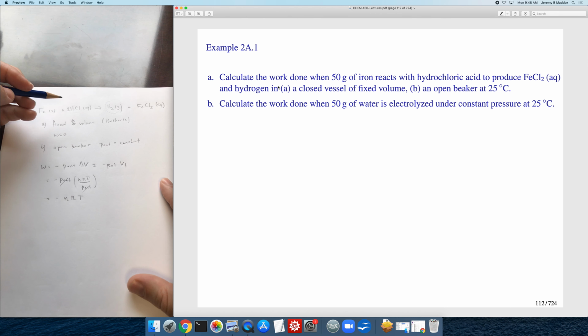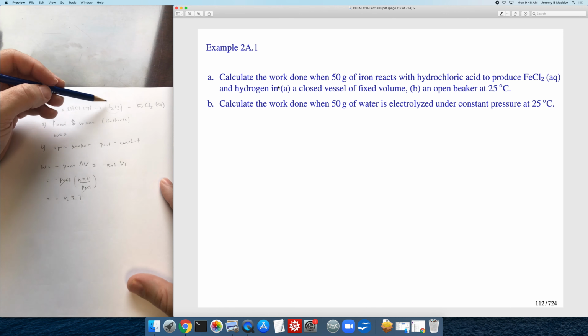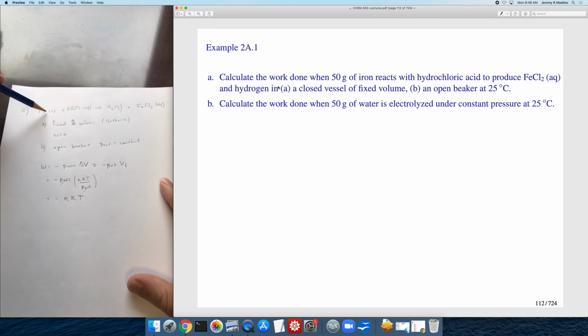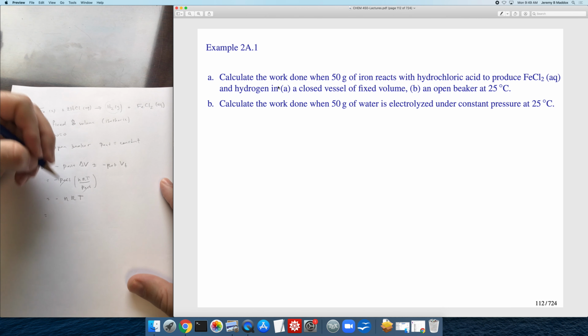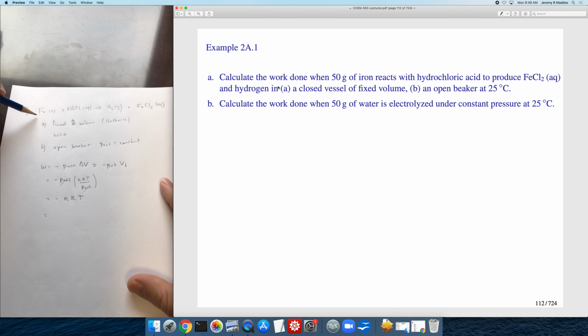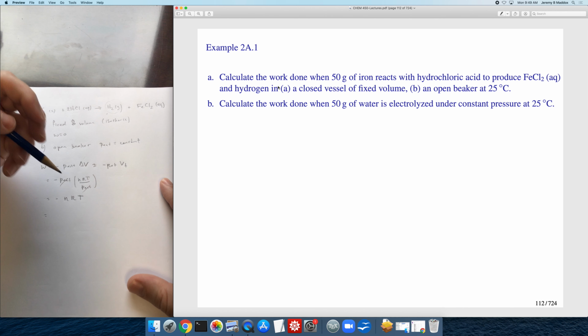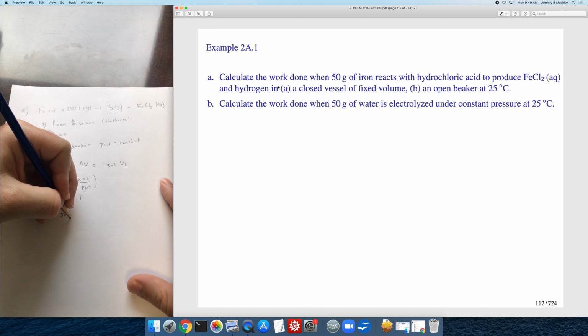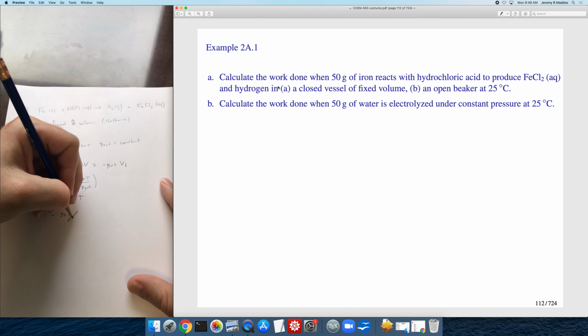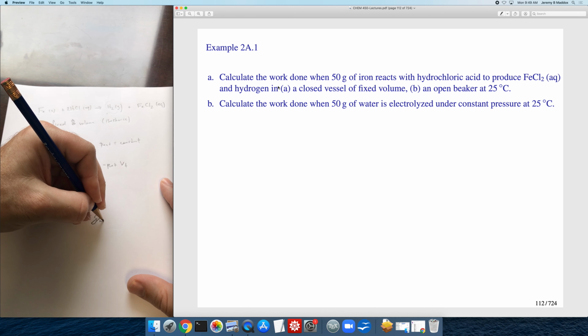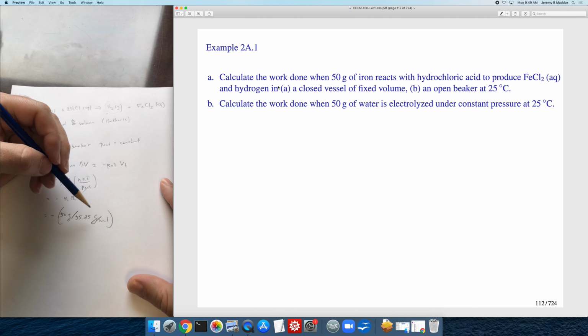So this is going to be a stoichiometry problem. We need the number of moles of hydrogen. Notice it's 1 to 1, the stoichiometric coefficients, and so the number of moles of iron consumed is going to be equal to the number of moles of hydrogen produced. So since we've got 50 grams of iron, we'll divide that by 55.85 grams per mole. Sorry, that's the molar mass of iron. And so this is going to give us the number of moles of hydrogen produced.